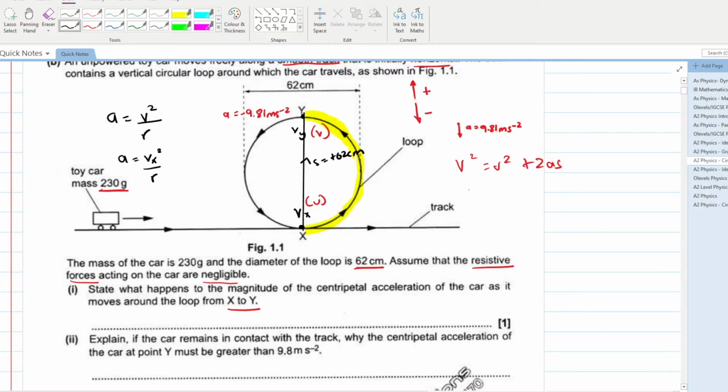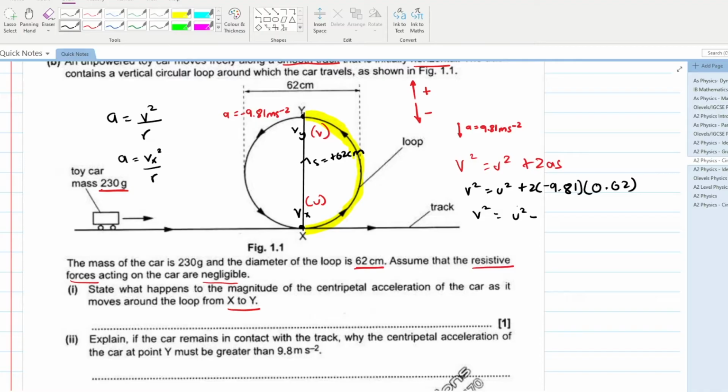So can I write everything? Yes. v squared equals u squared plus 2 into negative of -9.81 into s. What is s? 62 centimeter. We will convert it into meter, 0.62. v squared equals u squared minus 2 into 9.81 into 0.62.